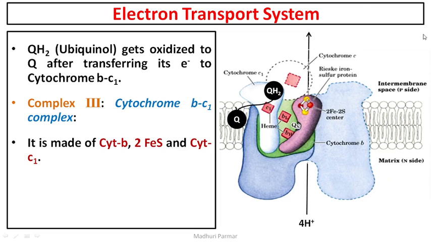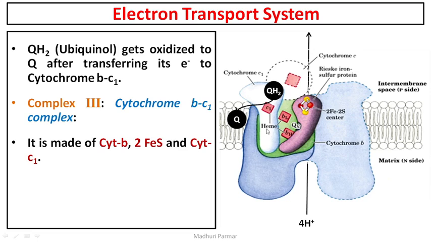Now what is the reaction that is happening? Remember, during complex 1 and complex 2, we produced reduced ubiquinone or QH2. This QH2 will come here, get attached to the cytochrome Bc1 complex, and transfer its electrons to it.